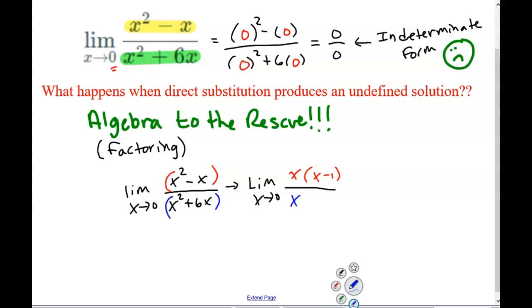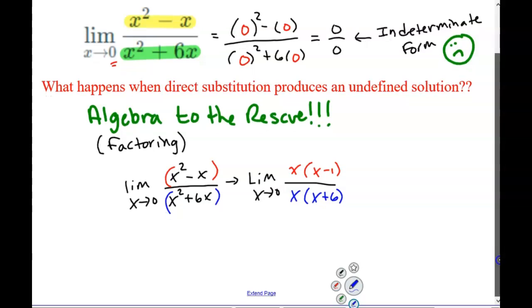Now, they each also have an x in common. We're going to factor out an x from the bottom. What do you notice? By rewriting the new numerator and denominator, do you notice anything interesting?